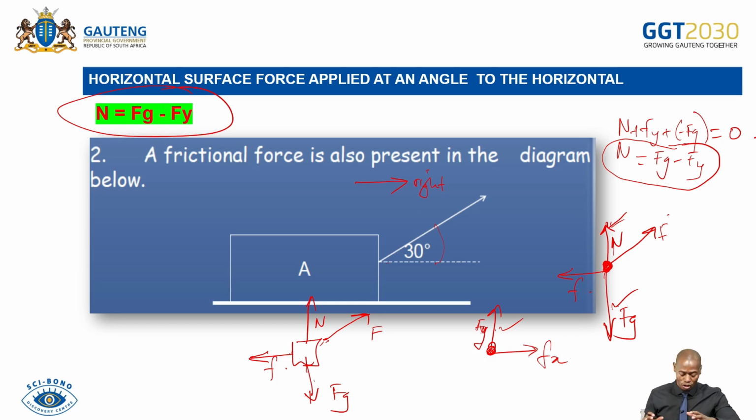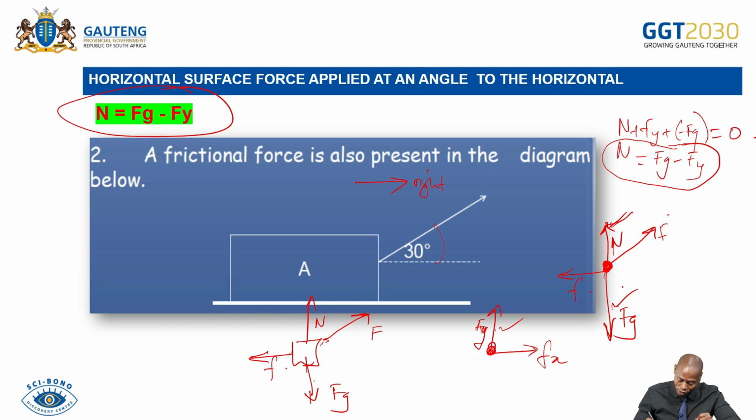Okay, so you draw your free body diagram, you draw what you see actually. Then from there, if you want to calculate the magnitude of the normal force, you don't have a choice. You have a force that is applied at an angle to the horizontal, so you have to resolve that force into its components. Then after resolving, check the number of vertical forces that are acting on that object.